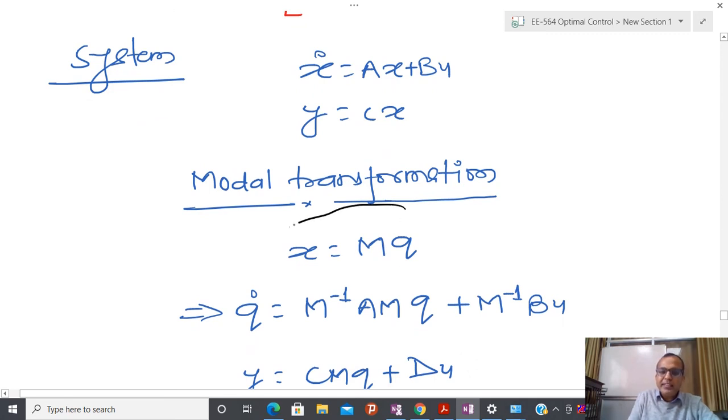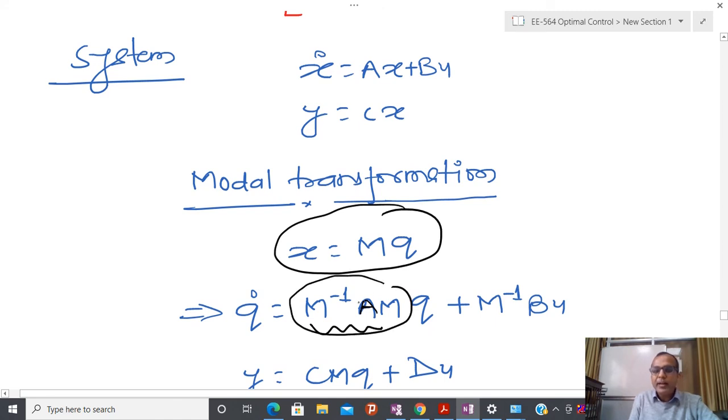So I have defined this kind of transformation, and it is possible to show that if the system matrix A has all independent eigenvalues, then M inverse A M is a diagonal matrix.